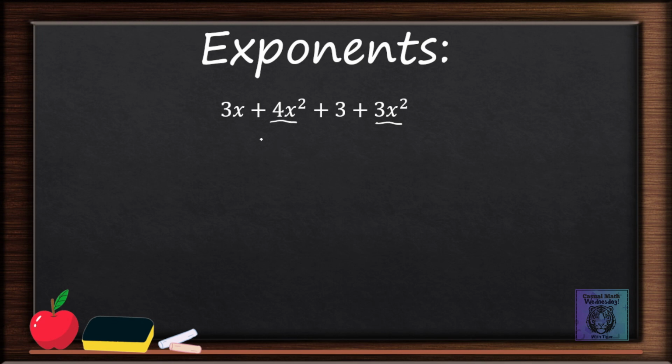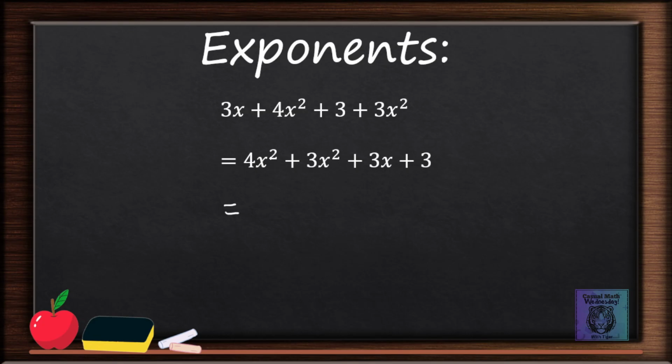So first, let's rewrite it. Let's write 4x squared plus 3x squared plus 3x plus 3. And then we can have a better picture.